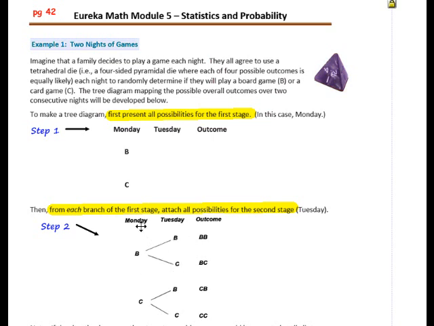Branching that off from Monday's outcome then would be board game, board game. So that outcome is BB. Or board game, card game, which would be BC. So here we're taking the possibilities for the second stage and branching them off each of Monday's stages or outcomes.